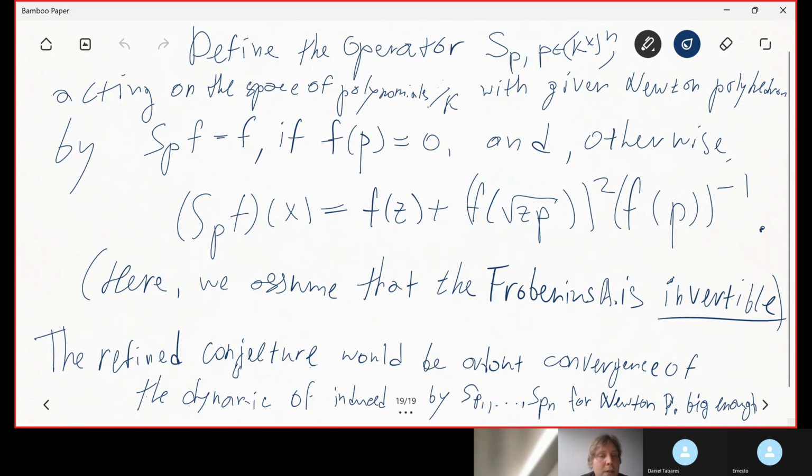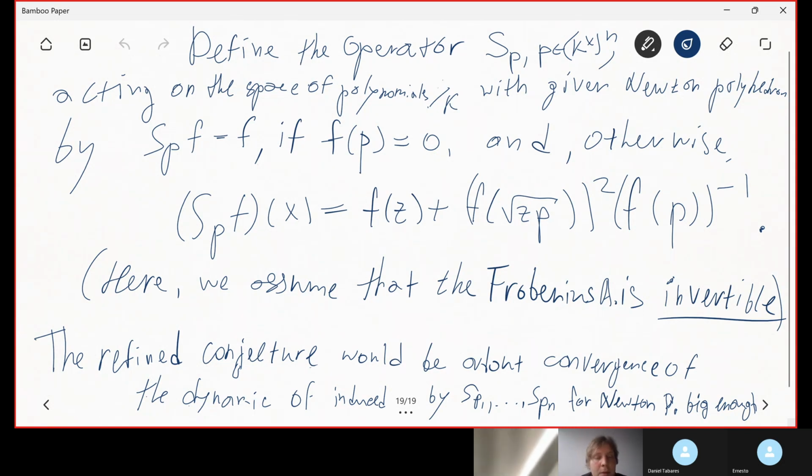When your polynomial is 0 at P, namely the defining curve or hypersurface passes through P, you do nothing. Otherwise, you take f and add the following crazy thing. Here we heavily use characteristic 2, and there is also one extra assumption that square root is always possible, meaning the Frobenius automorphism is invertible.